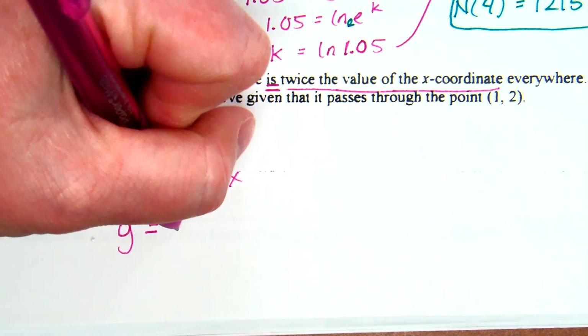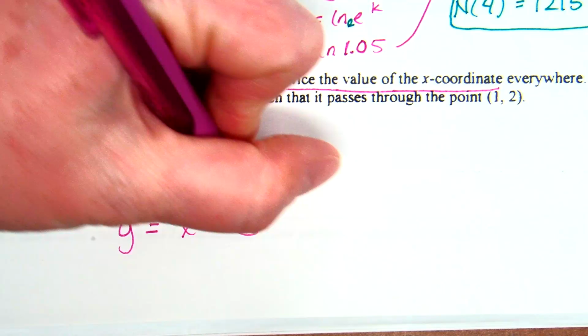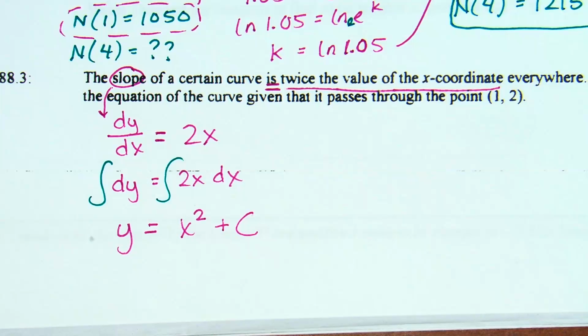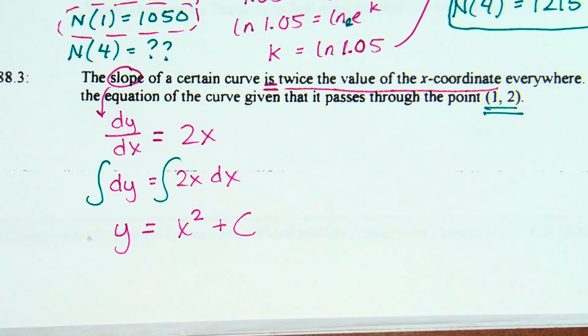Now, that is what you would call your generic solution. I forget if that was earlier this year or this one. But that's your generic solution, right? It's just broad. It covers the whole thing. Specifically, though, what's it asked us for? The equation of the curve that passes through the point (1, 2).